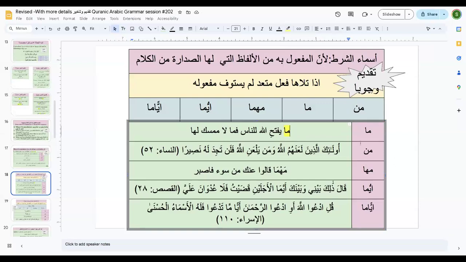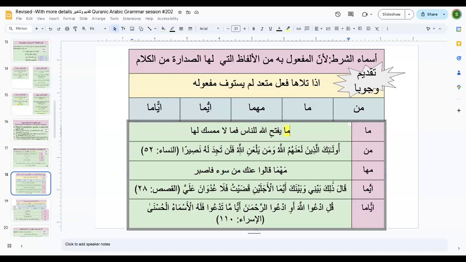Okay. Now look at the next example. Ulaika allazina la'anahumullahu. So this is one sentence. Now let's look here. Man yal'anillahu, falan tajida lahu nasira. So now what is happening here? Yal'an is majzoom because of man shartiya.